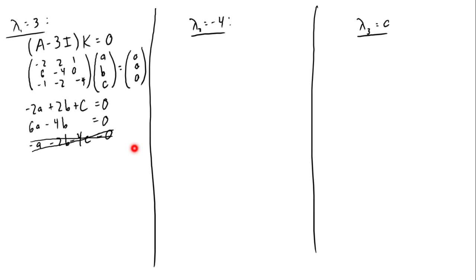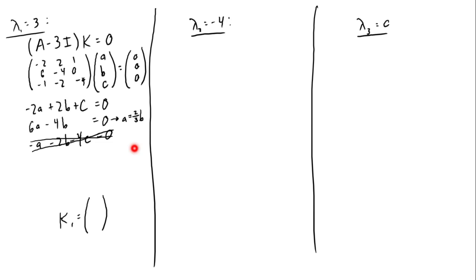I'm going to notice that this bottom equation tells me that A is equal to 2/3 B. Now, when I get my eigenvector, and I'll call this K1 because it's my first eigenvector, I'm going to put numbers for A, B, and C, of course. And as I said, as I'm working through these problems, I expect one of my variables to be independent, where I get to pick whatever I want.